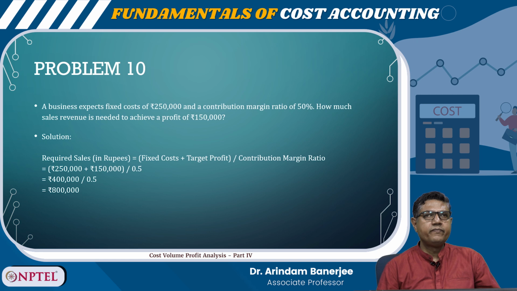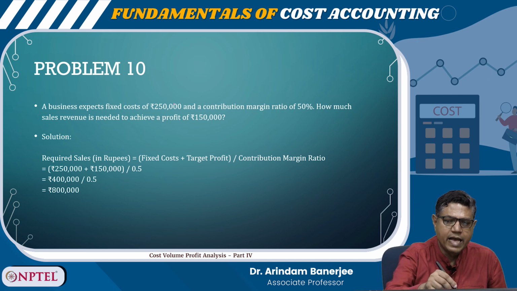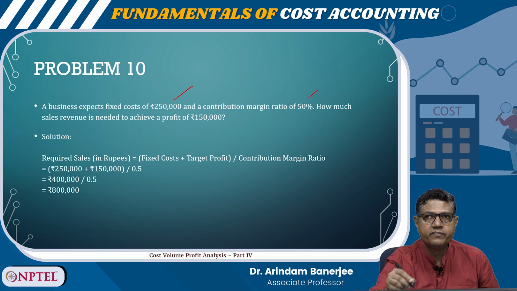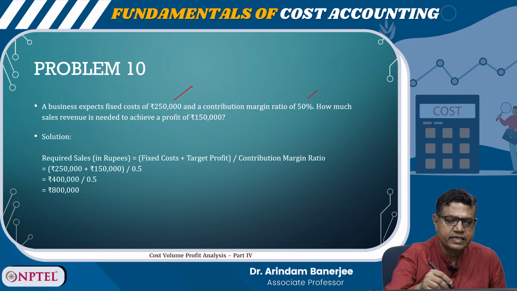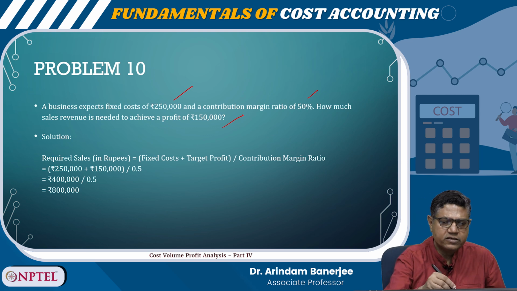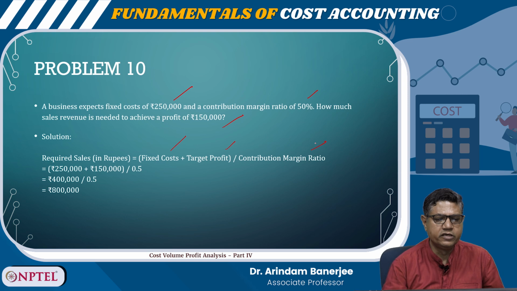Problem number 10. A business expects fixed costs of rupees 2,50,000 and a contribution margin ratio of 50%. How much sales revenue is needed to achieve a profit of rupees 1,50,000? So, required sales, I can do the solution like this. Required sales in rupees is equal to fixed cost plus target profit divided by contribution margin ratio.